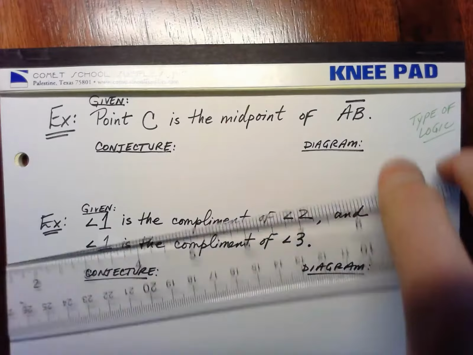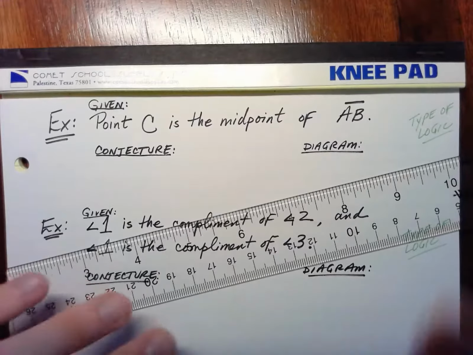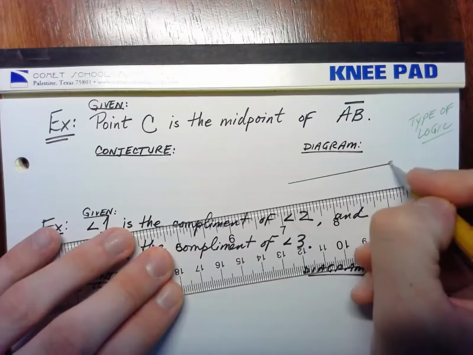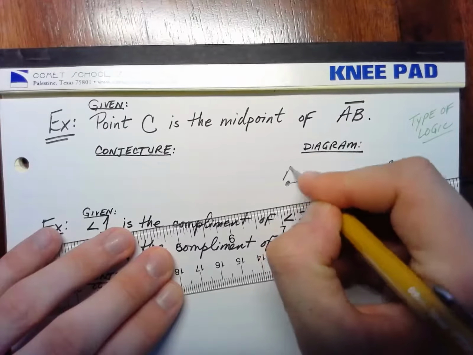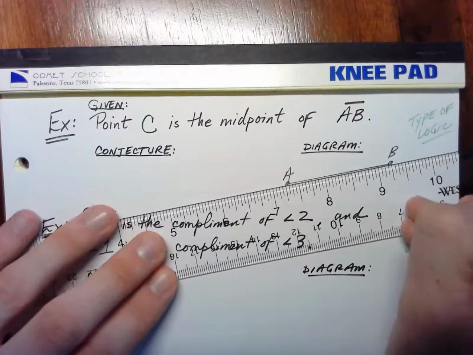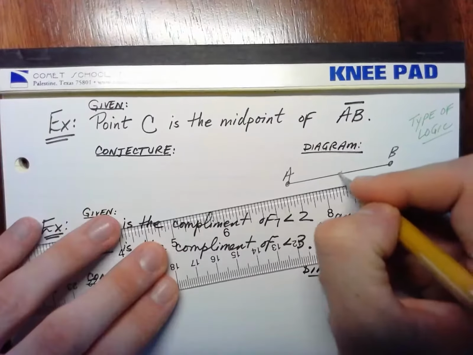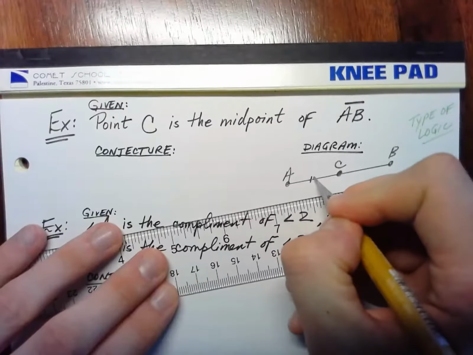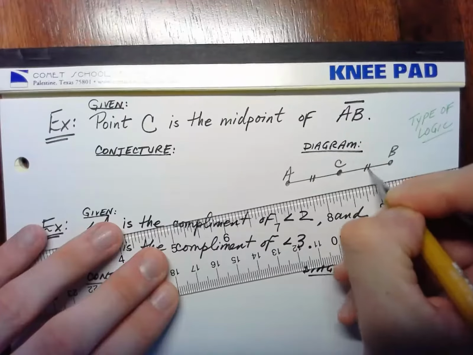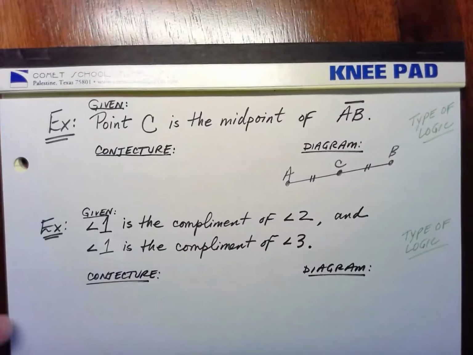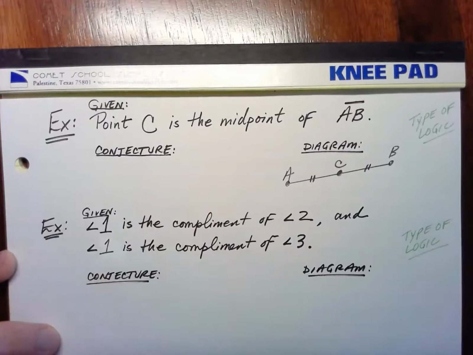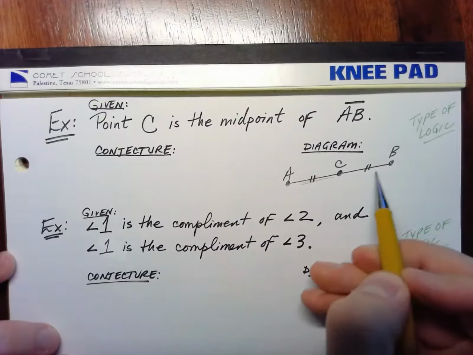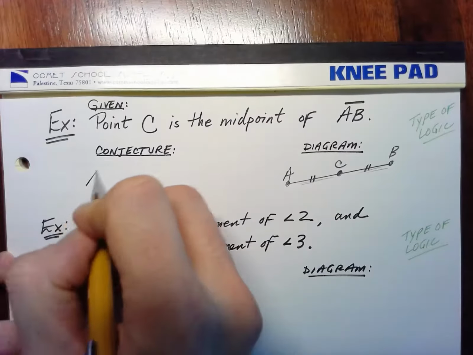Okay, so if point C is the midpoint of AB, then that means we have some line segment here, and it's A, B, and then right in the middle somewhere we have point C, okay? And if it's the midpoint, then that segment is congruent to that segment, right? Then our conjecture is, what could our conjecture be? Our conjecture is that AC is congruent to BC.